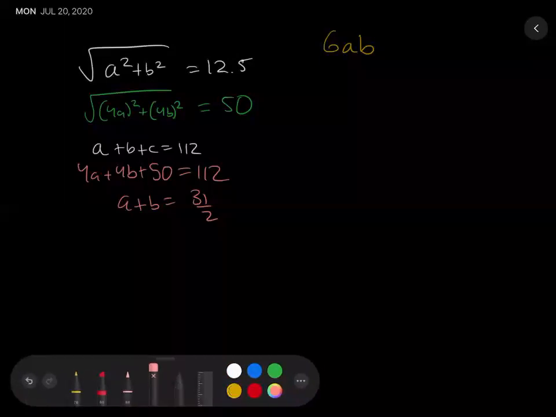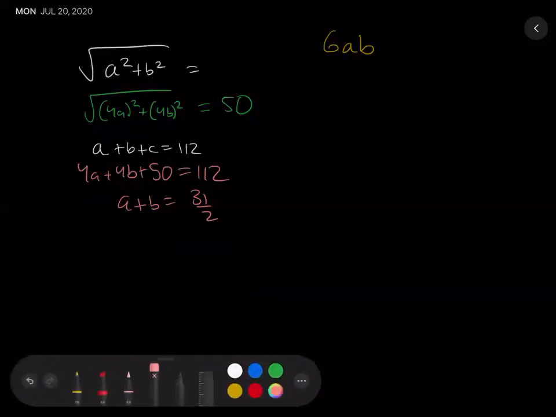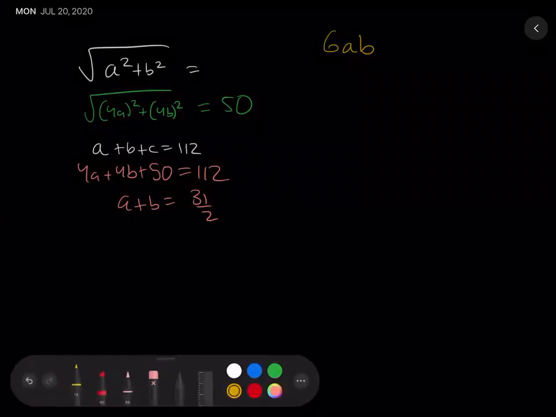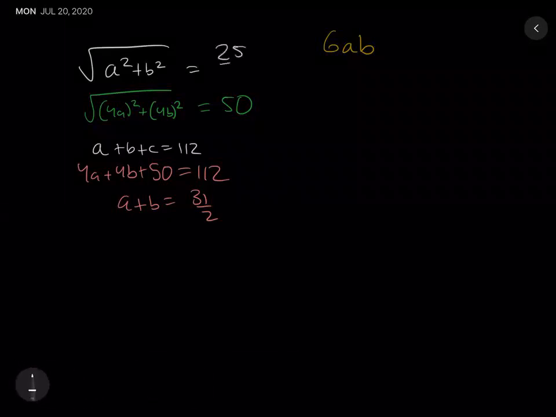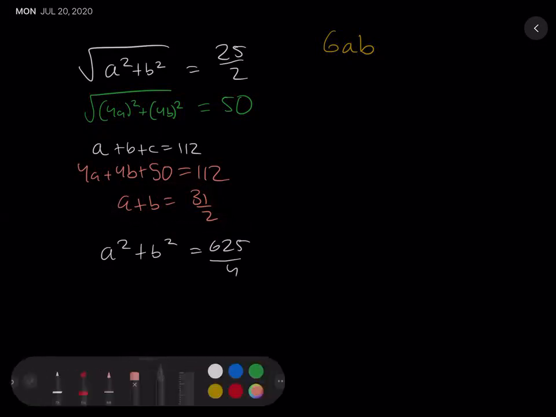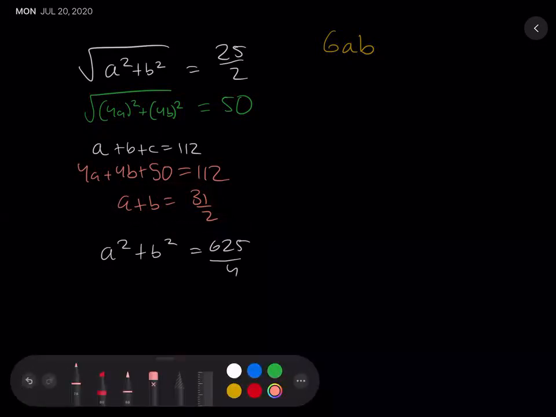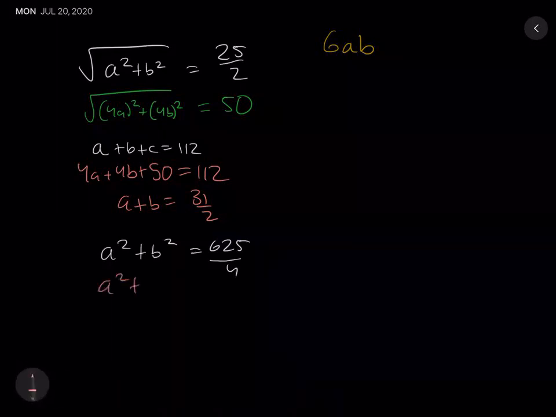Let's convert it to fractions so we don't deal with decimals. So 25 over 2, squaring this gives us a squared plus b squared is equal to 625 over 4. And squaring this expression right here, a plus b equals 31 over 2, gives us that a squared plus 2ab plus b squared is equal to 961 over 4.